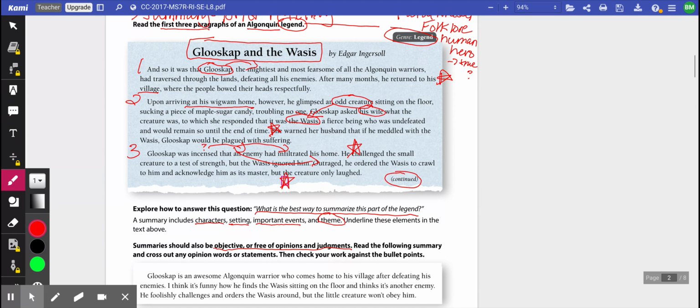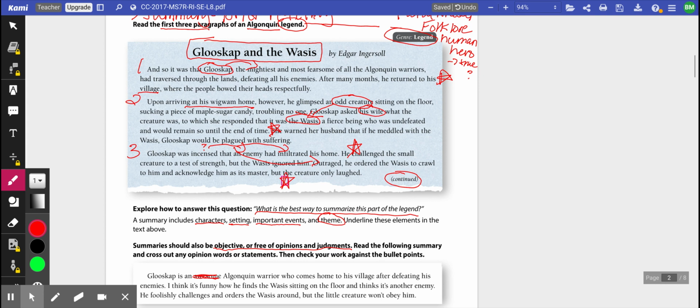So take a second, pause the video if you need to, and cross out the words that make this opinion or judgment. I'm going to assume right now you've crossed out your stuff. So hopefully you realize that awesome we should cross out. It's a judgment word. Okay. Because one person's awesome is somebody else's horrible.